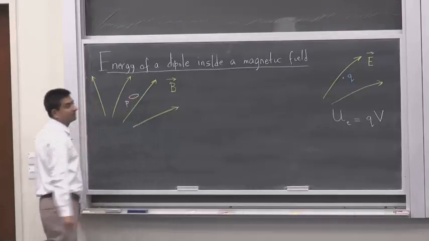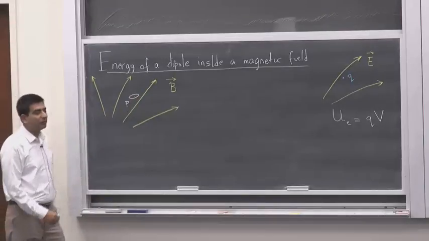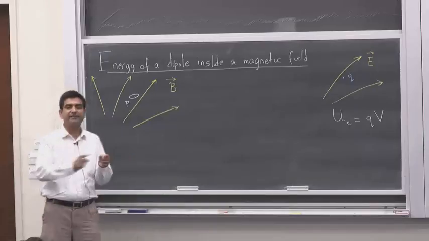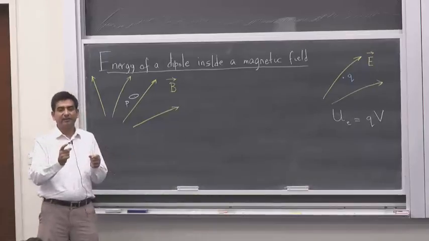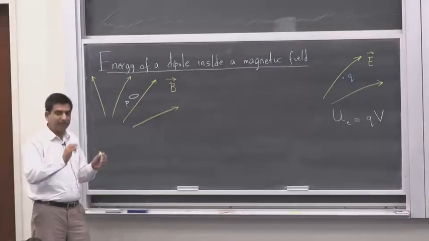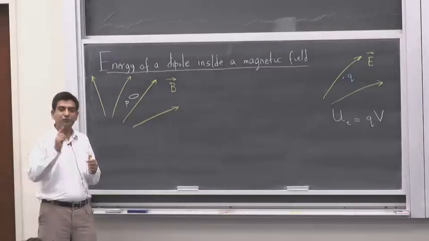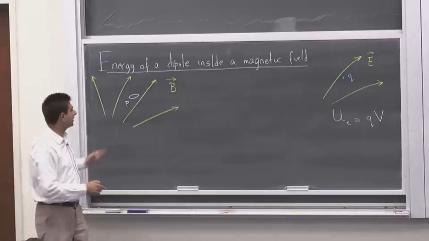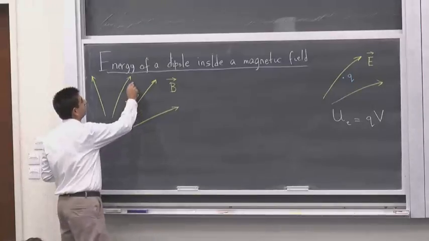inside this magnetic field. Now this dipole in itself, even though I've drawn it as a circulating current, there could be different origins of magnetism, but for the purposes of a model we've chosen a circulating current, and associated with this current there is a magnetic moment, mu.